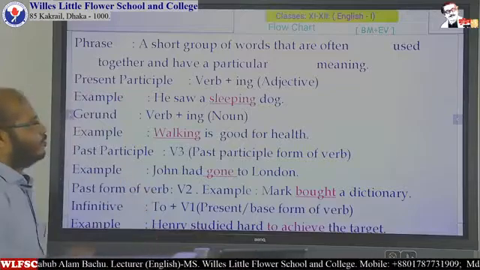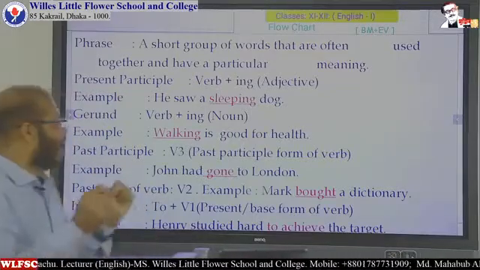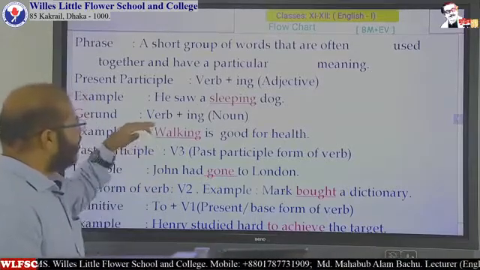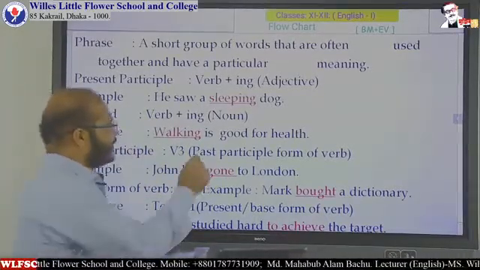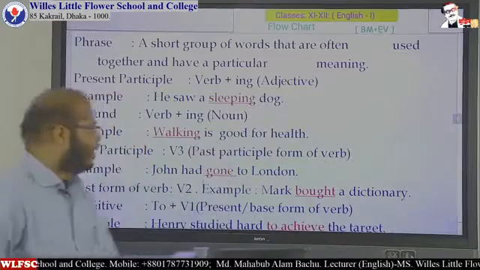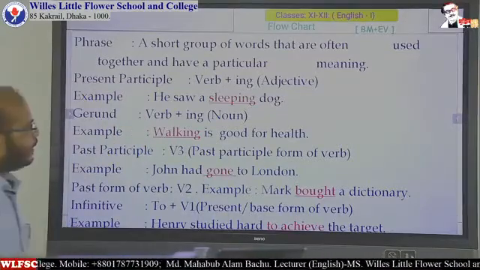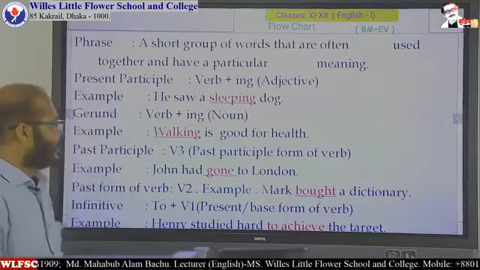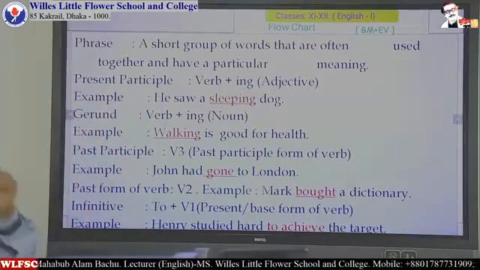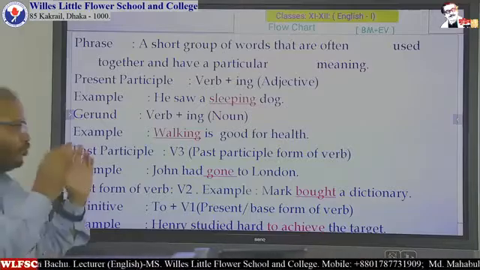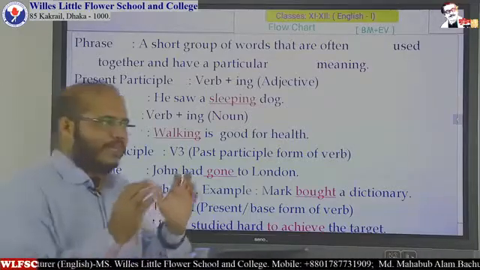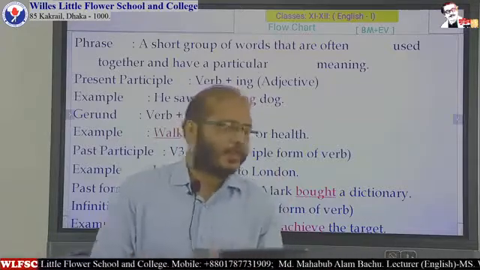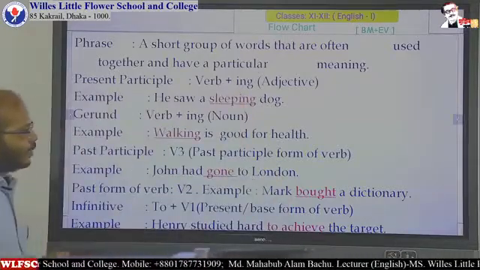Then the gerund also forms as verb plus ing, but it acts as a noun. Example: walking is good for health. Walking, walk plus ing, indicates a noun, the name of an exercise. So walking is good for health.